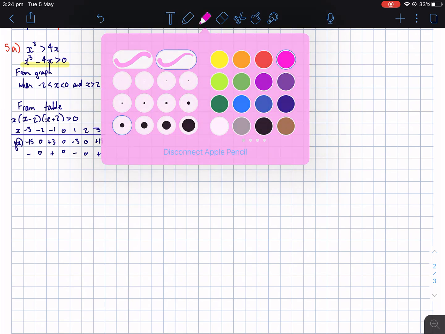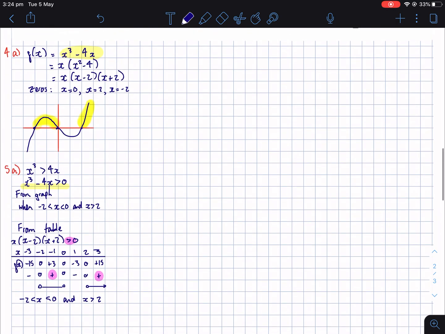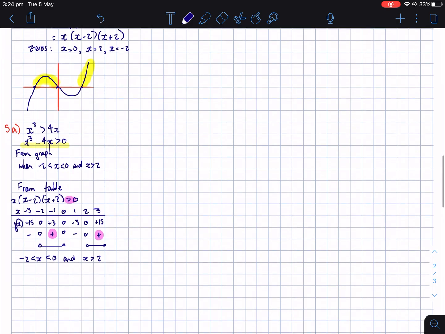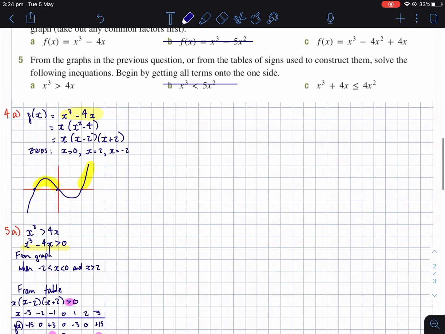So this would have been greater than 0 here and here. So we wouldn't have included these points, but we'd have gone between them. We wouldn't have included this point, but we would have gone above them. So when negative 2 is less than x is less than 0 and x is greater than 2. So for me, graphing it's quicker and easier, but for some people or for really hard ones, you want to do a table.